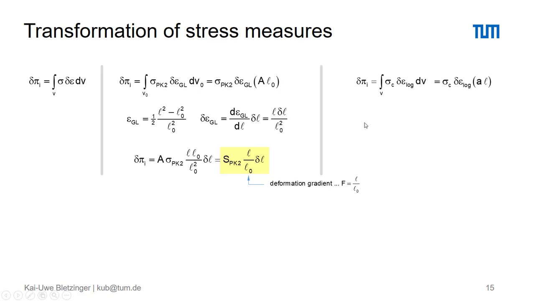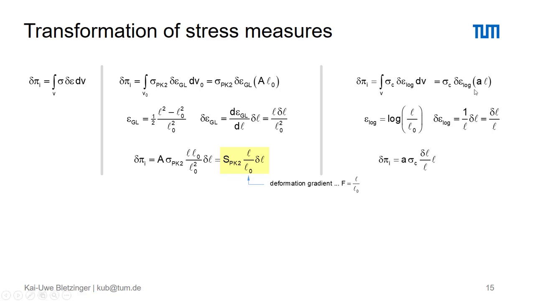Okay, let's do the same operations on the right hand side. So we introduce the logarithmic strain as we have seen it on the previous slide, the logarithm of the deformation gradient. The virtual strain is again obtained by applying the chain rule, derivative of strain times delta L, and the derivative of the logarithm with respect to the deformed length is just 1 over the length, and that is finally the virtual logarithmic strain.